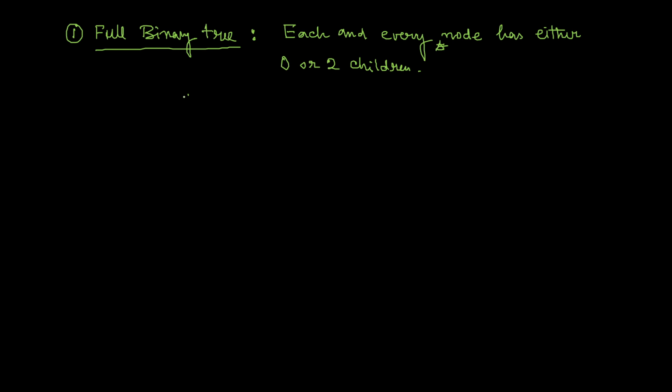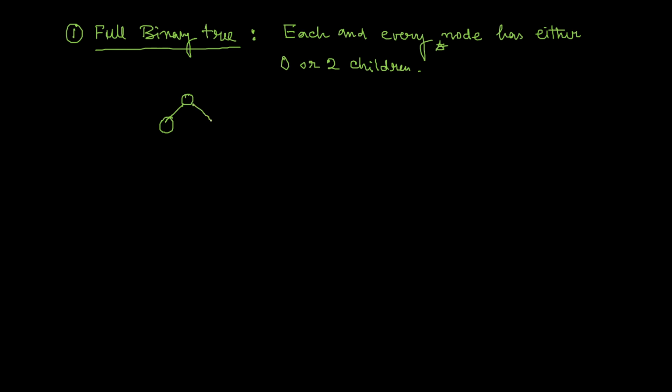I mean, you can say that this is a full binary tree because it has 0 children. But you cannot say that this is a full binary tree, because this particular node contains 0 children, fine, but this node contains one child, which is not accepted. It should be either 0 or 2.